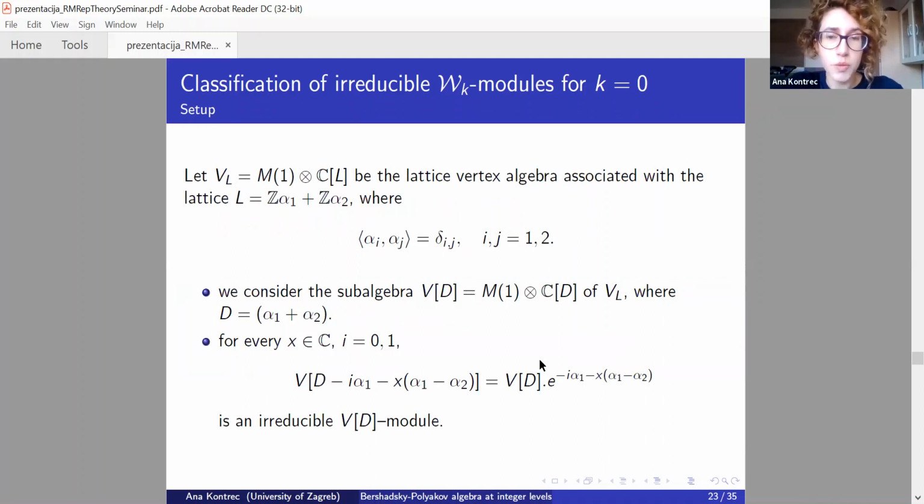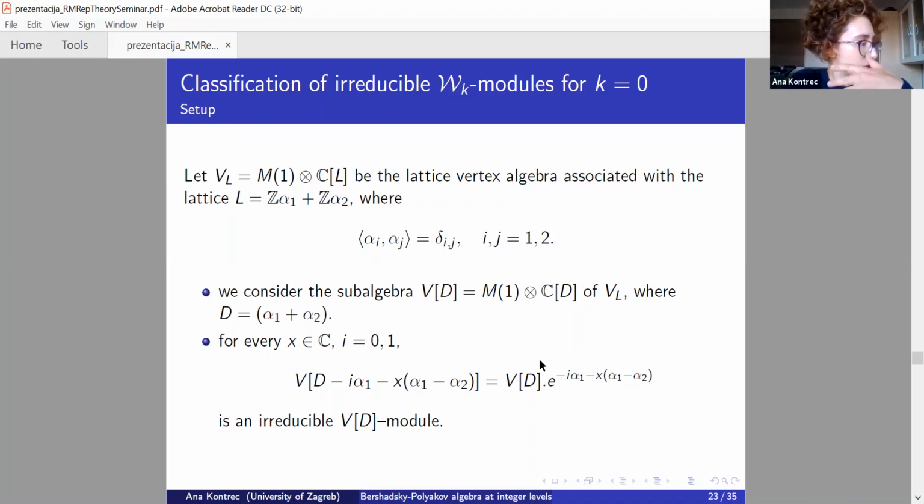The situation gets more complicated for k equals 0. In this case, we first obtain a realization of the Bershadsky-Polyakov vertex algebra W0.